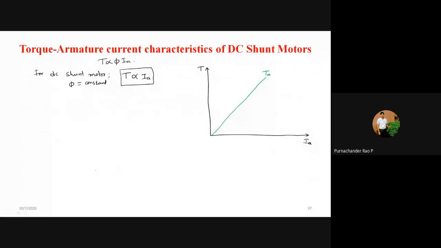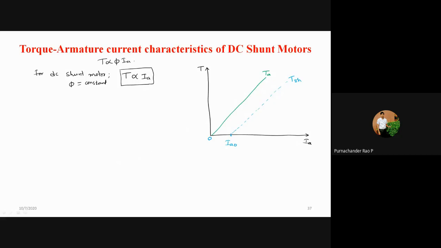Under full load conditions, the torque will be like this. This will be the other torque, which you can call the shaft torque, TSH, for a current of Ia naught. Under no load condition, our motor is drawing a small amount of current.